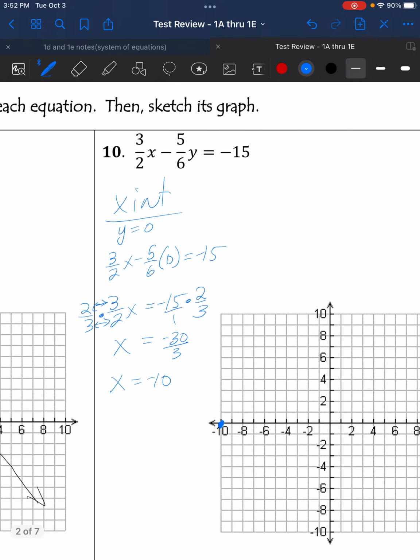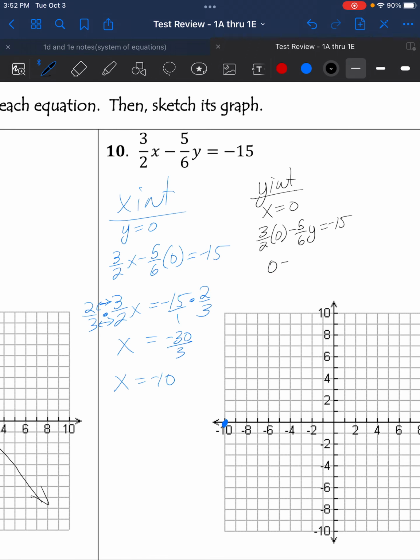And then we got the y-intercept. Set the x equals to 0. So 3/2 times 0 is 0. 0 minus 5/6y is just a negative 5/6y.